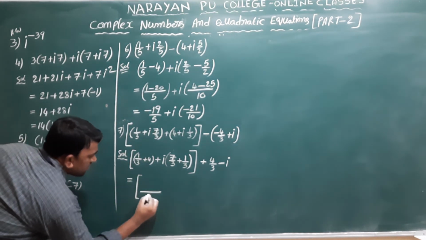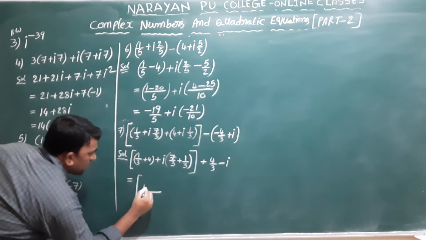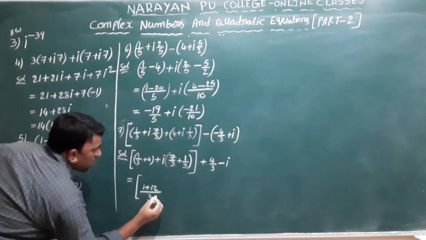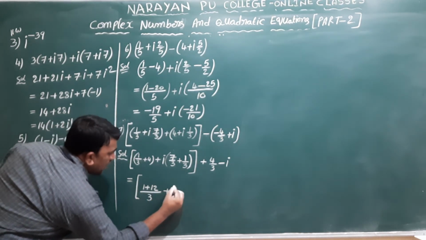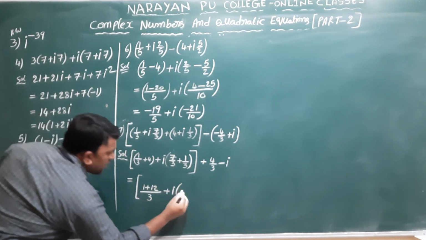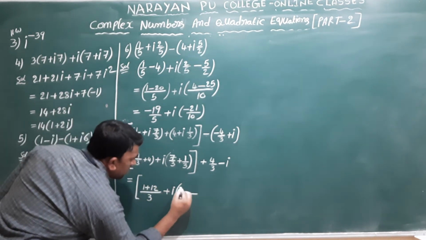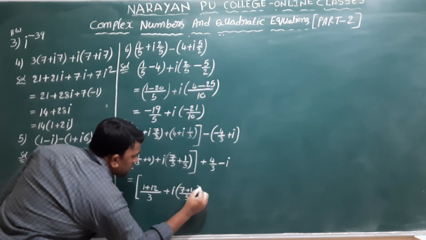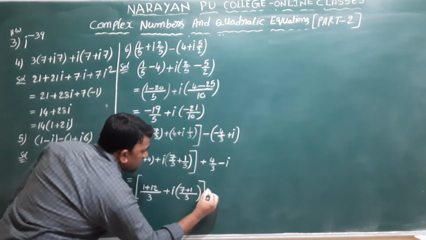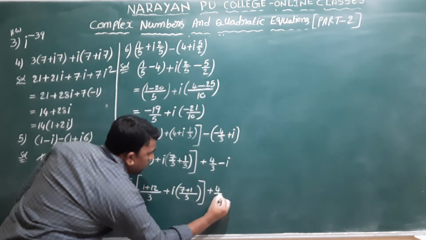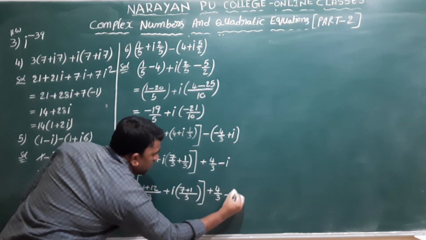LCM is 3. 1 plus 4 into 3, 12, plus i into, here LCM is 3, 7 plus 1, plus 4 by 3 minus i.